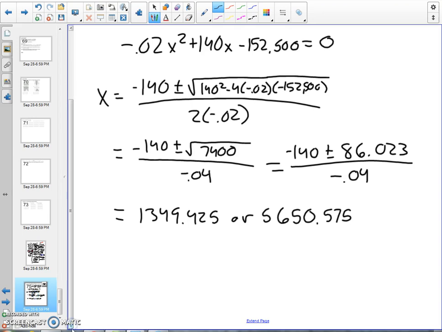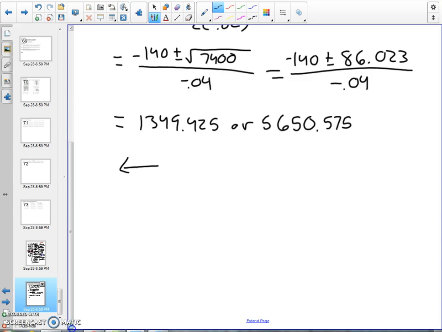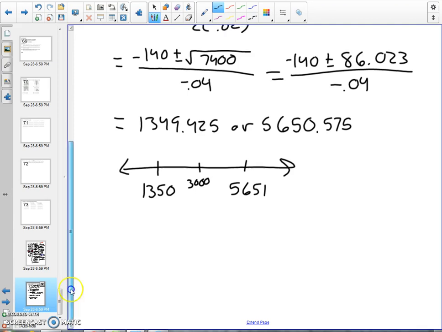So then I want to set up my number line with these two values on it. So since we're talking number of hot dogs produced here, it's okay to go ahead and round this to a whole number of hot dogs. So we're going to say 1,350 and 5,600, and that would round to 51 then. So I want to test a value somewhere in the middle. How about 3,000 would be nice in the middle.